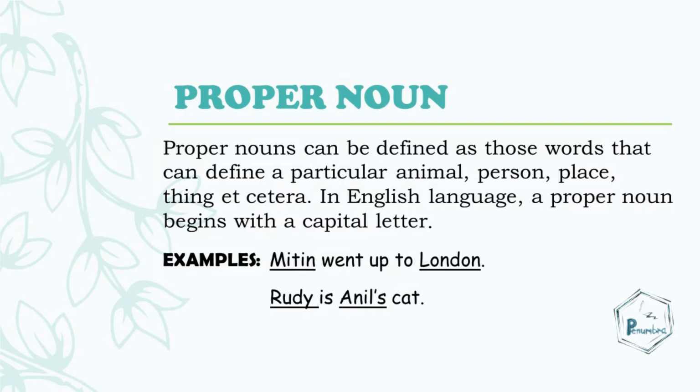Let's check out the examples. The first example is Mithun went up to London. So there are two proper nouns in this sentence, Mithun and London. The second sentence is Rudy is Anil's cat. So the two proper nouns are Rudy and Anil.